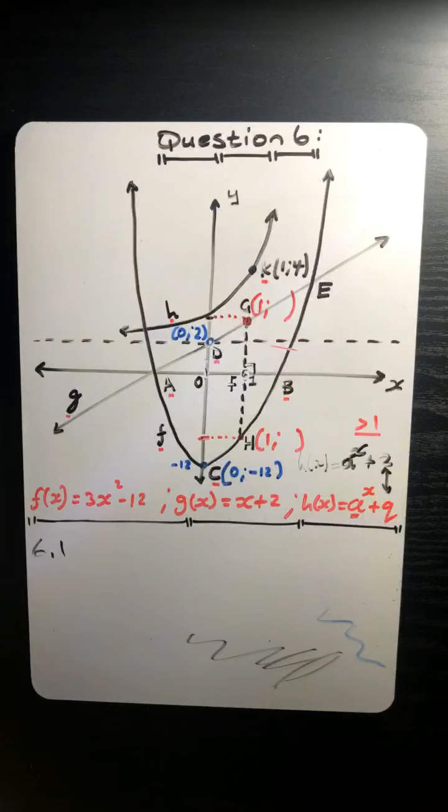Okay. And then for the other point? Then for H, I took the equation of f of x, substituting 1 where there is x in order for me to find Y. Did you get a positive or a negative Y? For H, I got a negative.